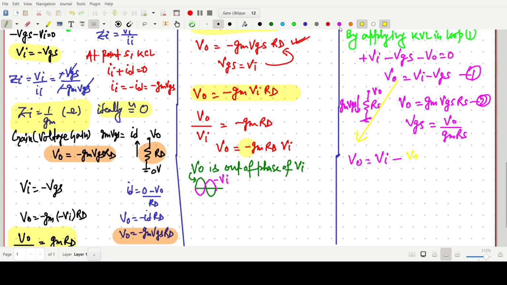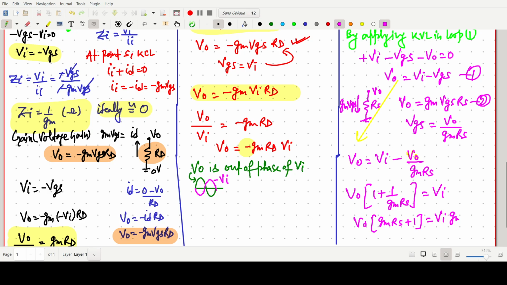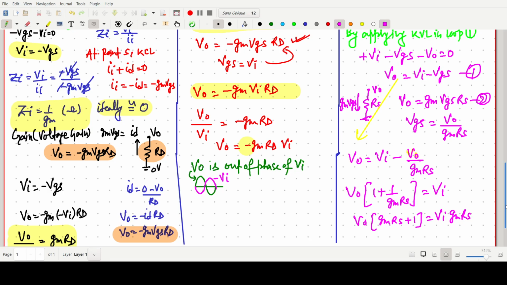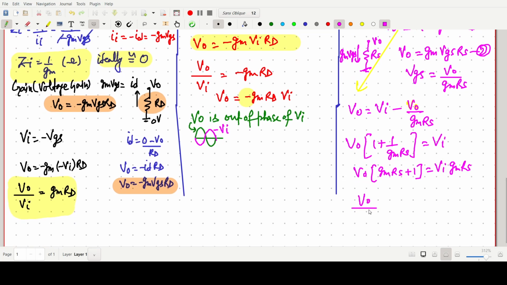Simple calculation: V naught times (1 plus 1 by gm RS) equals Vi, or V naught times (gm RS plus 1) by gm RS equals Vi.